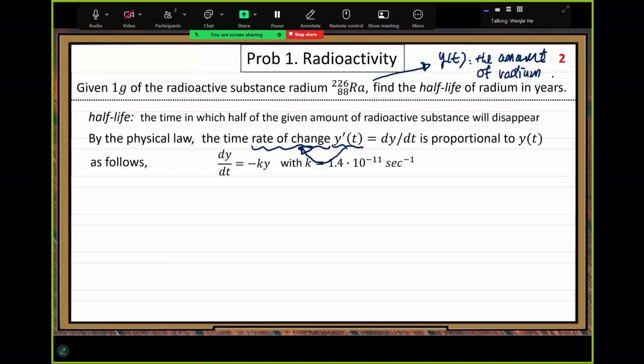If you look at this derivative, dy over dt, the second is in the denominator, right? So 1 over second is the unit for this constant K.